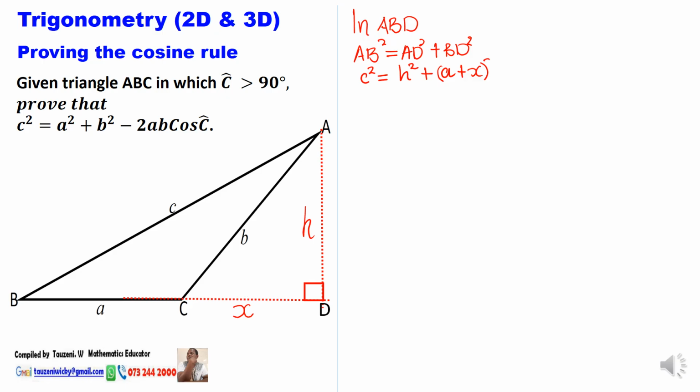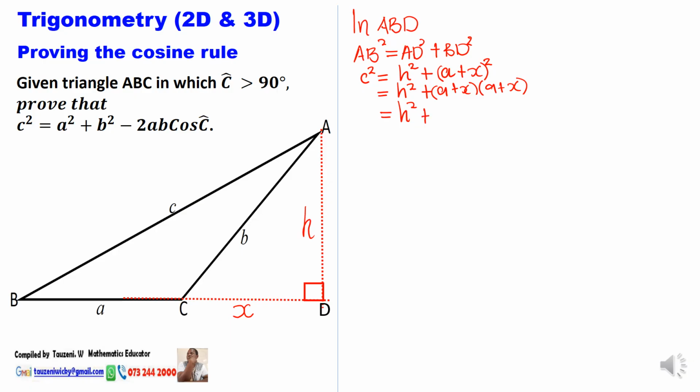This will need us to simplify it using the FOIL method because it is a binomial. So from there we simplify the expression. a plus x squared basically means a plus x times a plus x. Then we expand these brackets using the FOIL method. So then simplifying, this is h squared.